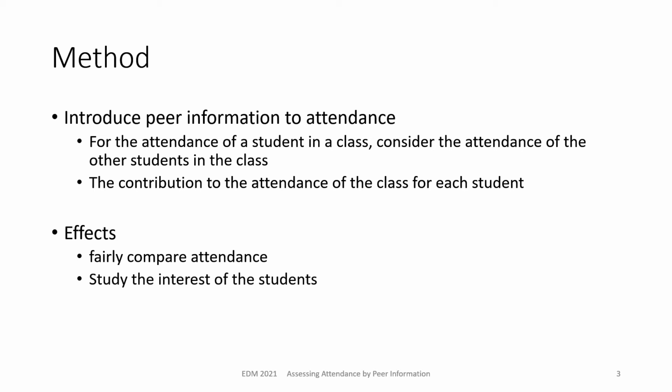In addition, the new measure can provide some hints on students' academic interests. For example, if a student has a high attendance rate in a class that has an average low attendance rate, that indicates the student could have a stronger interest in the class than other students.